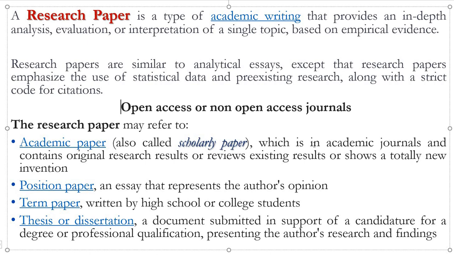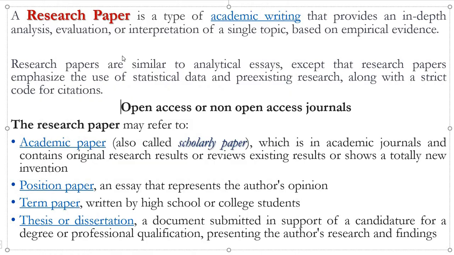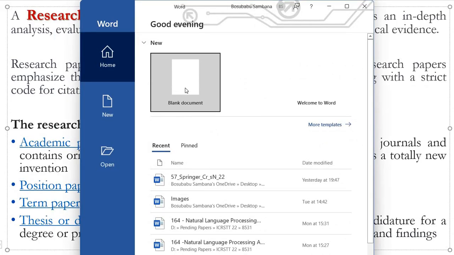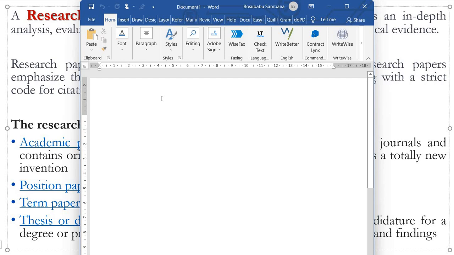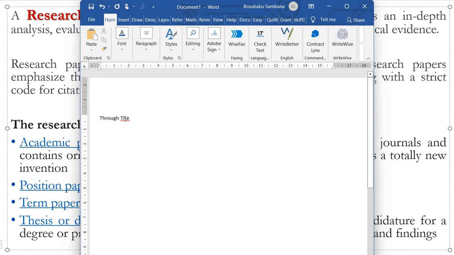Okay, this is the general way to verify whether a journal is good or not, whether it is a fake journal or not: verified through title, or ISSN number, or publisher name, etc. Okay.